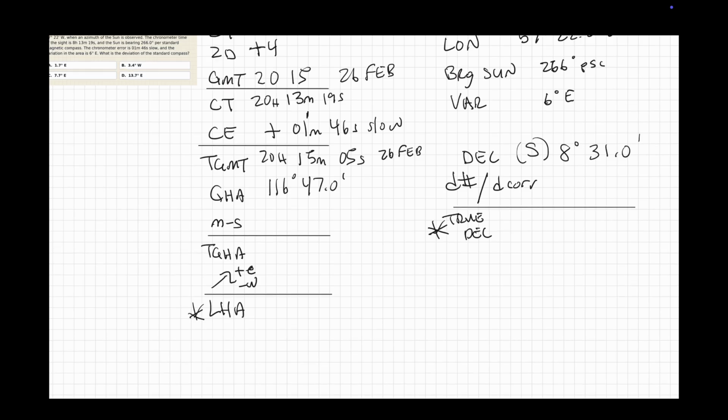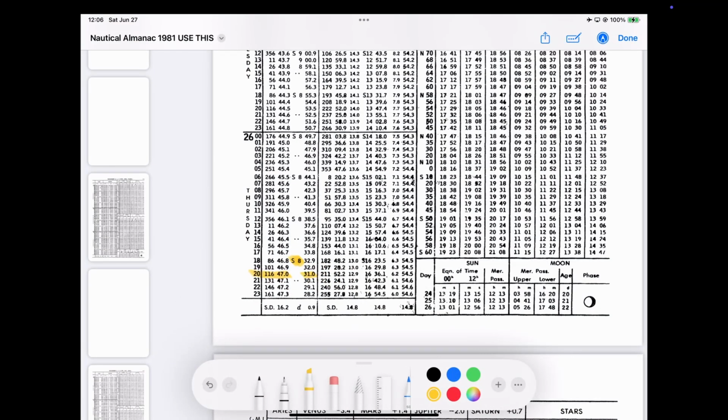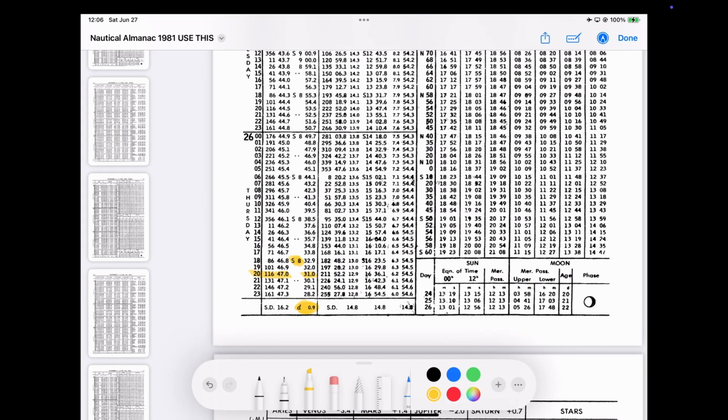Now, we need our D number. We would get our D number from here, 0.9. And with our D number, we need to figure out if we're going to add the correction or subtract the correction. The way we know is if this column here is increasing or decreasing in value.